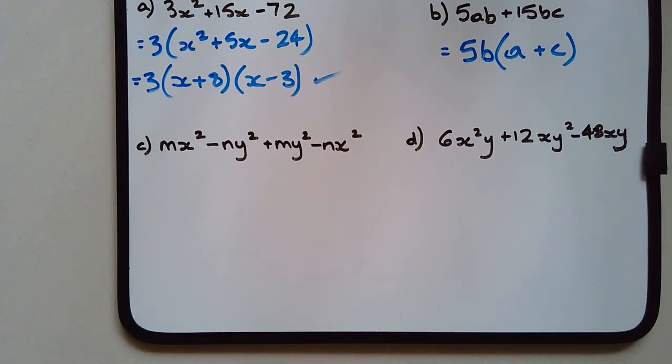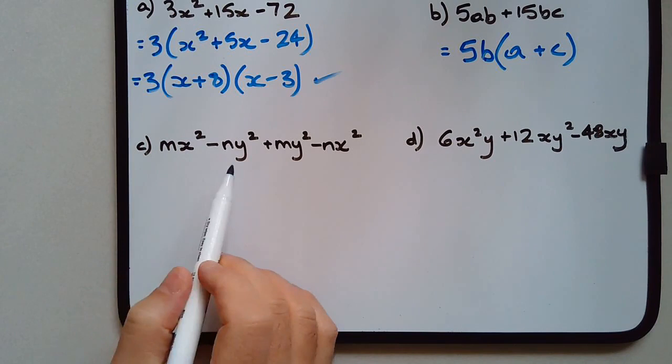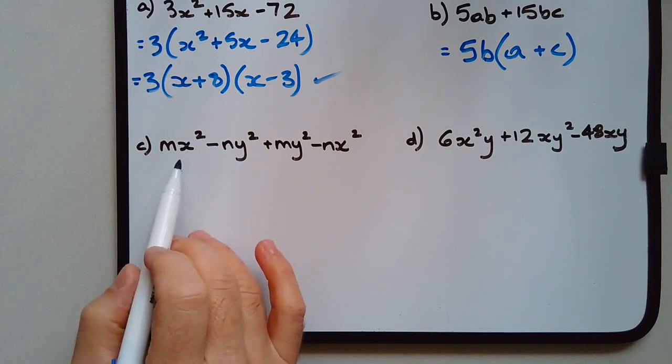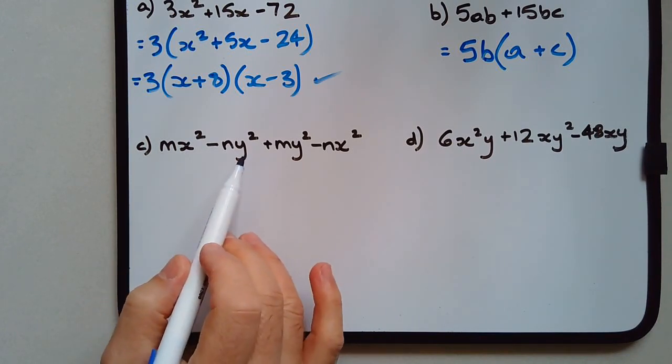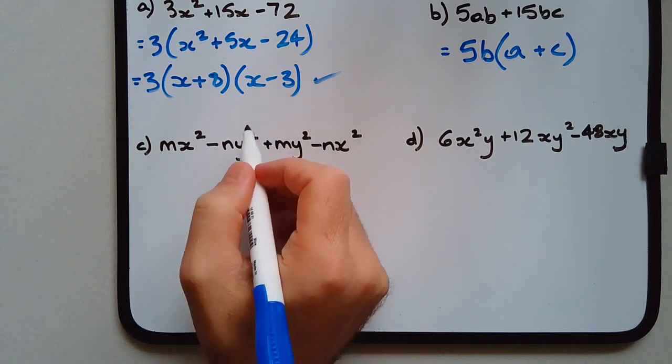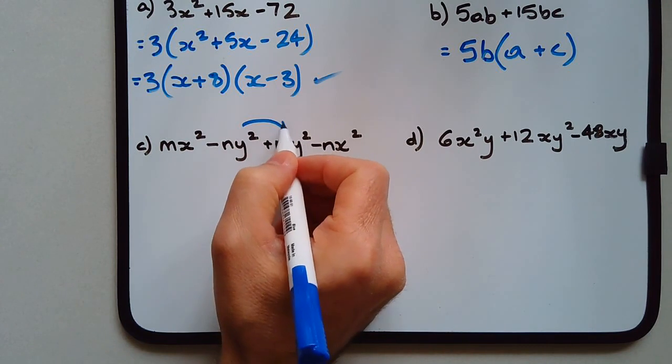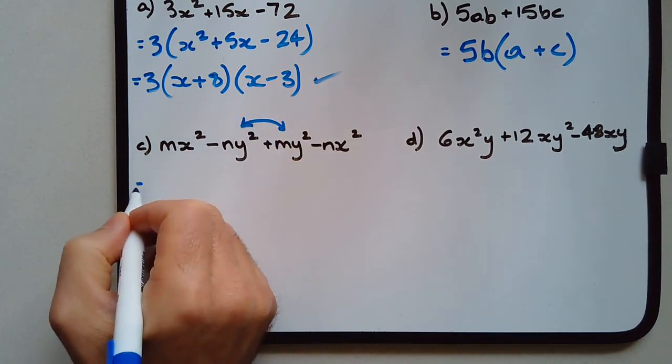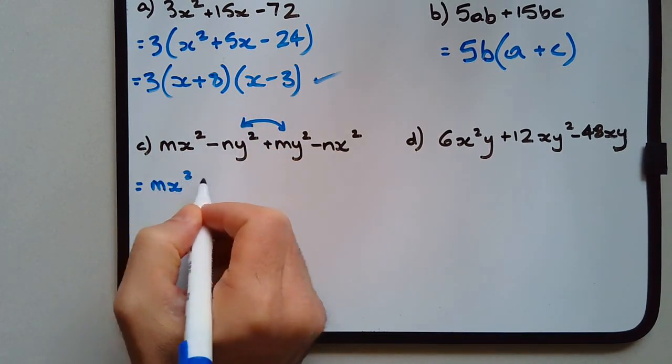So let's try grouping it in pairs and see if we can factorize it that way. Now the first pair of terms, mx squared minus ny squared, there's nothing in common there, so that's a bit of an issue. So maybe if I swap 2 terms around, and I might be able to have something here which can be grouped in pairs.